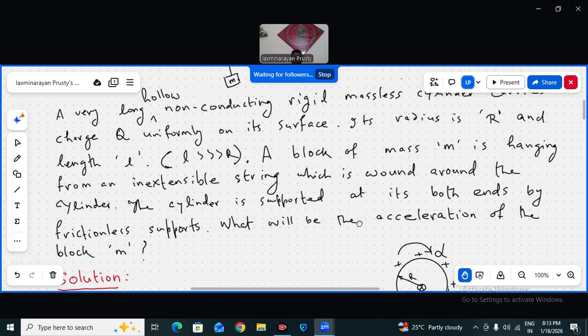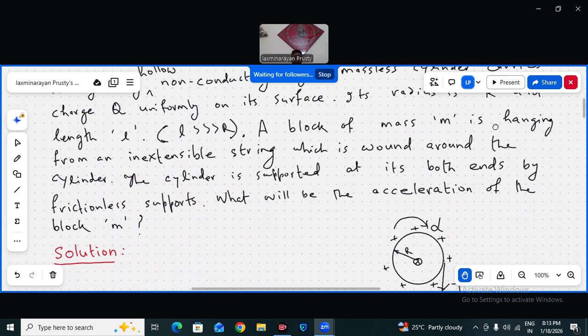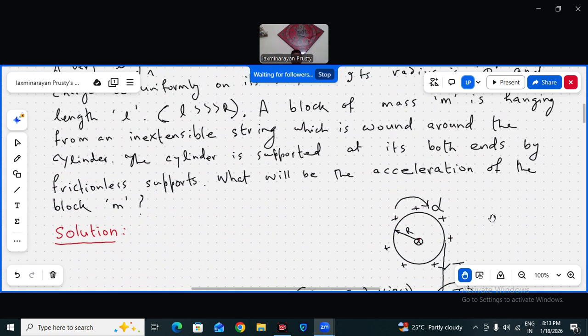The cylinder is supported at both ends by some arrangement. Maybe these ends are closed and some massless rod will be supported by some bearings at the ends. So this cylinder is supported at its ends by frictionless supports.